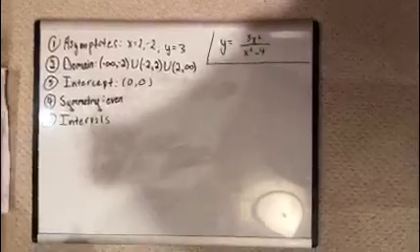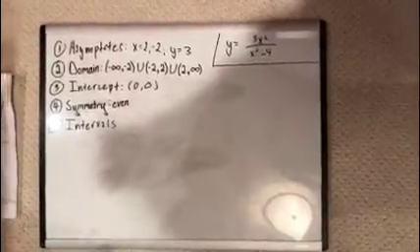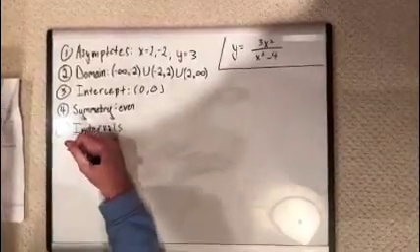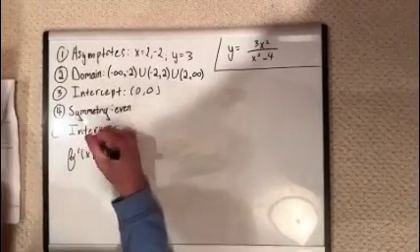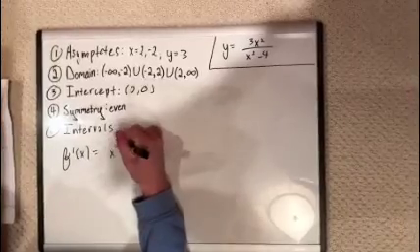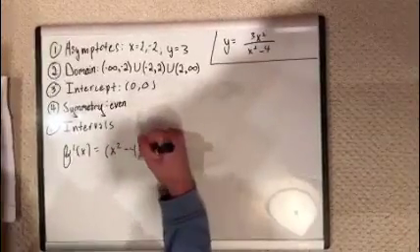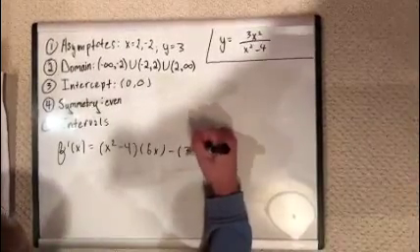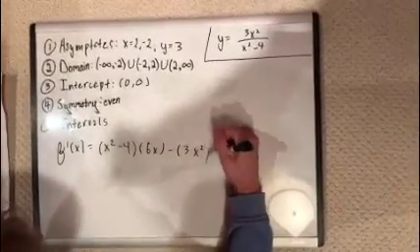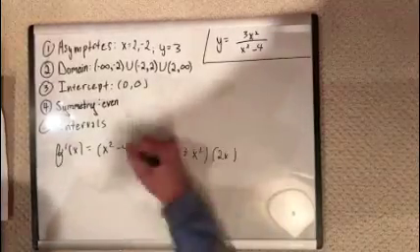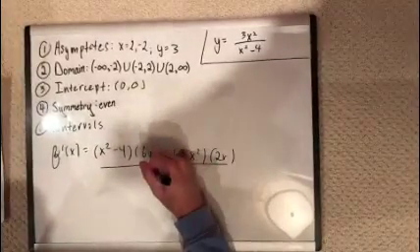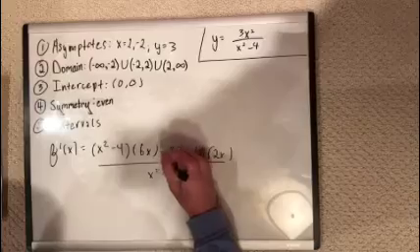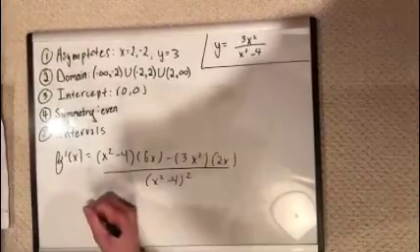All right, for the next step, we have to find where the graph is increasing and decreasing. So to do this, we have to take the derivative of the original equation. And then from this, we can simplify.